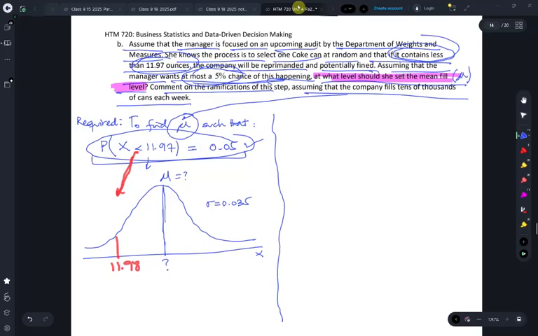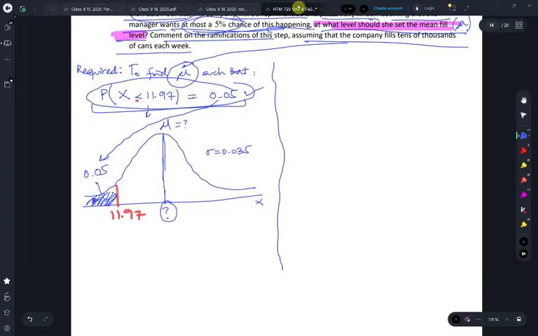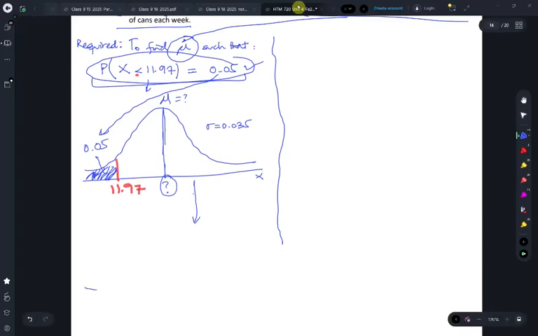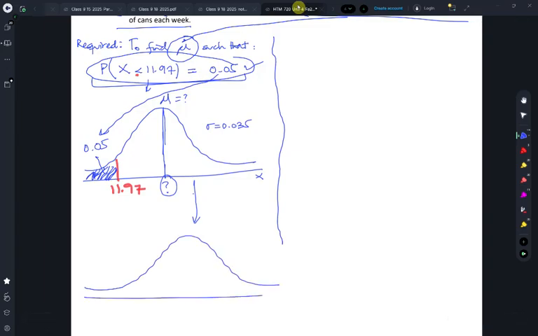So if we want at most the area here to be 5%, according to this question, the area to the left of 11.97 is at most 5%, and we need to find the mean. To find the mean, we transform this distribution to a standard normal distribution.